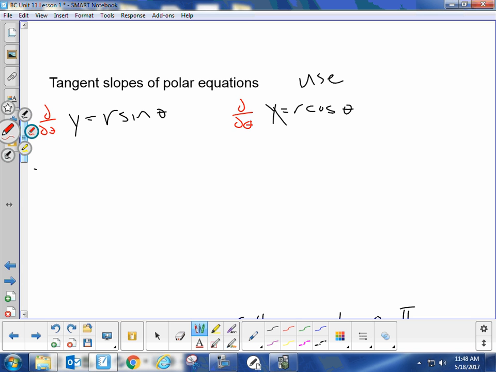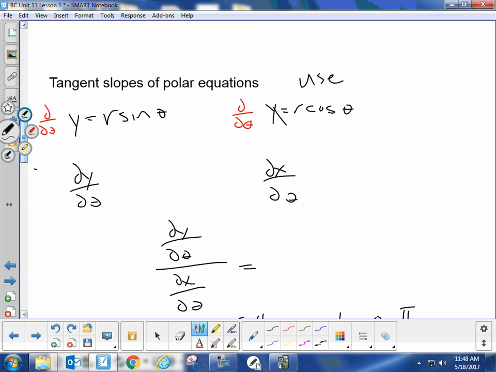And if I take the derivatives of these with respect to theta, I would get dy d theta and dx d theta. What can I do to those two, Miss Ali, to get dy dx? That's exactly right. If I divide dy d theta by dx d theta, I get dy dx because the d thetas would cancel.